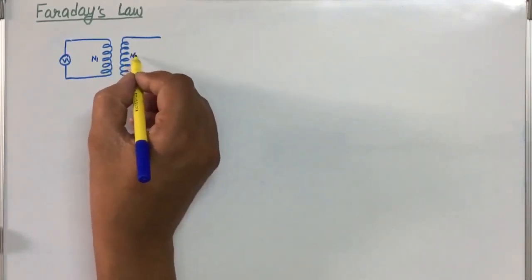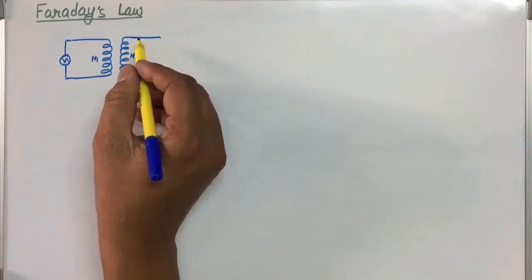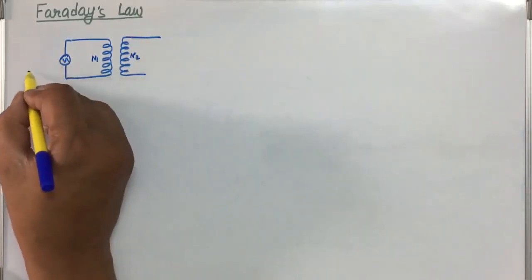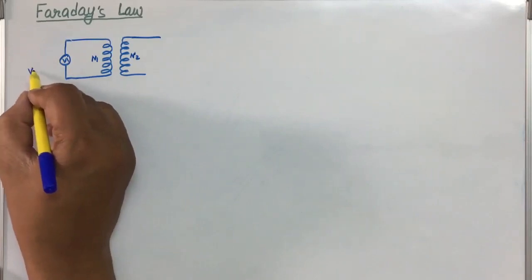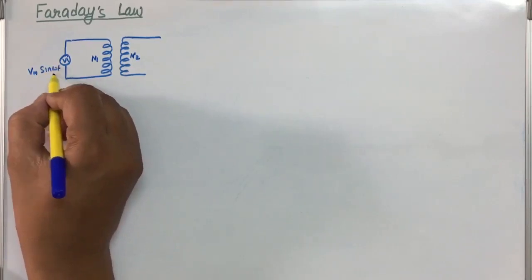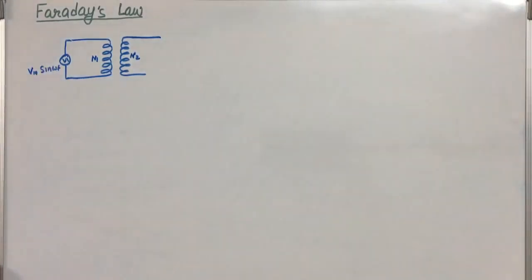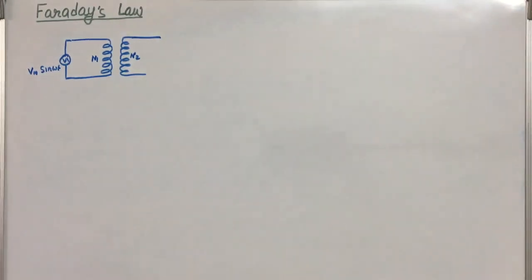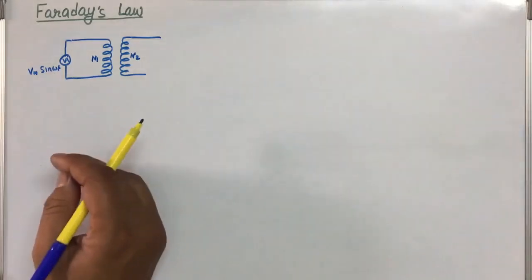N1, N2 are their numbers of turns. And this is a time varying voltage source, that is, Vm sine omega t. It is time varying. So in this case we will see how Faraday's law is helpful to find the transformer principle.